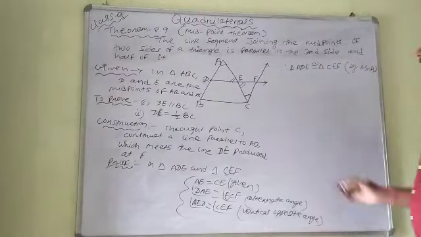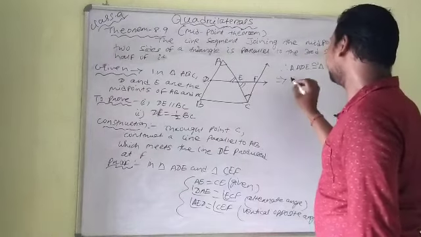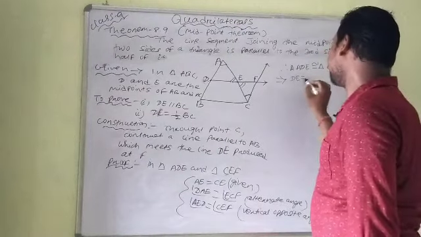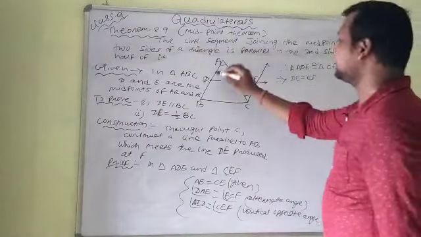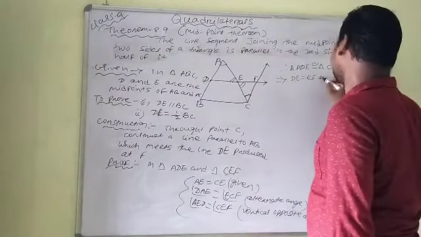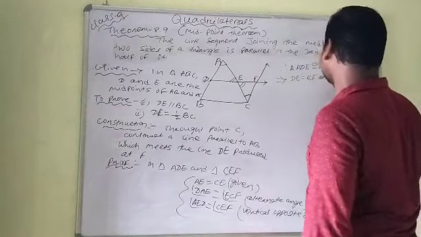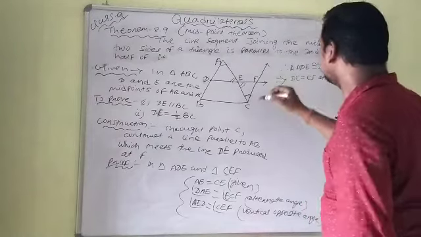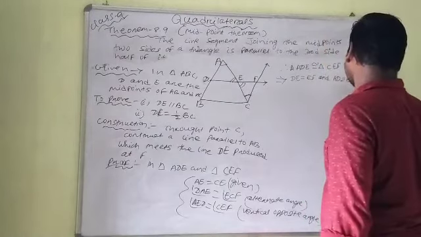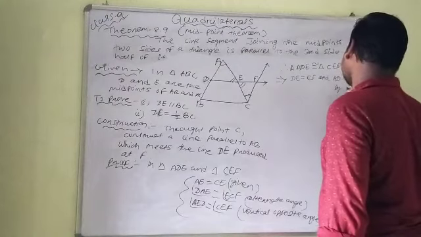After proving congruency, by CPCT we can say DE equal to EF, and AD equal to CF.